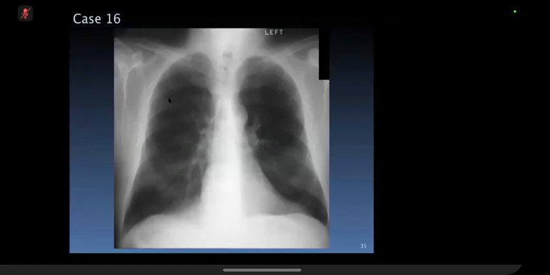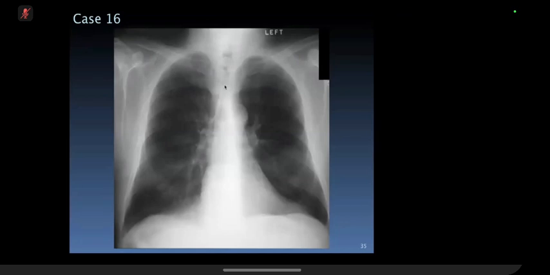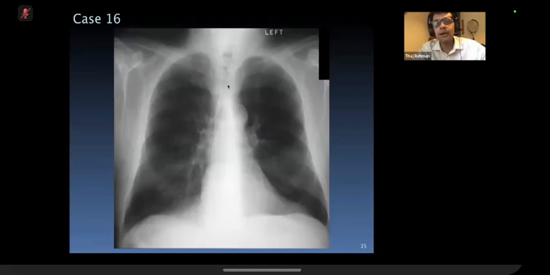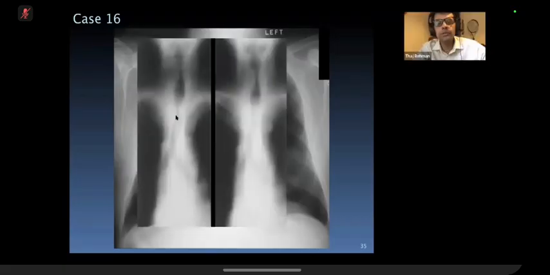It's fairly central. What about the lumen of the trachea? Is that normal? I thought it was fairly normal, but could it be slightly dilated? Or narrowed even? It's narrowed, isn't it? Okay. So that's actually tracheal narrowing.